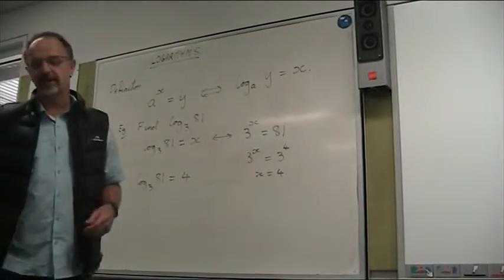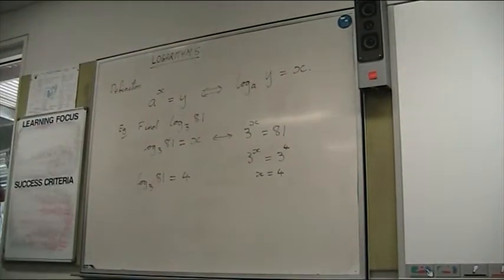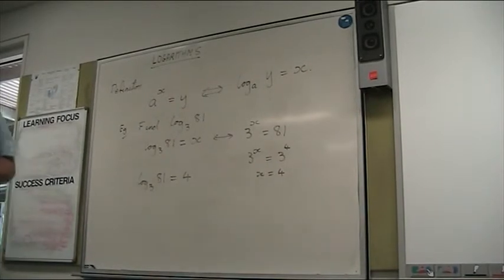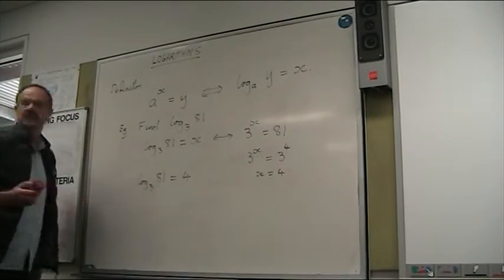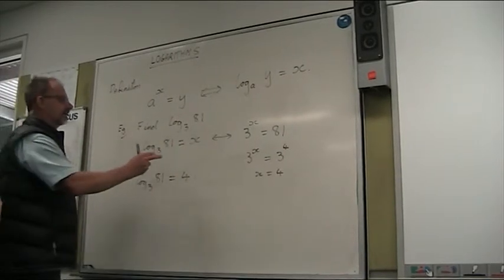So, given that there is a relationship between exponential equations and logarithmic equations, it should be no surprise that they are in fact the inverse of each other. Do you do the right side before you do the left side?